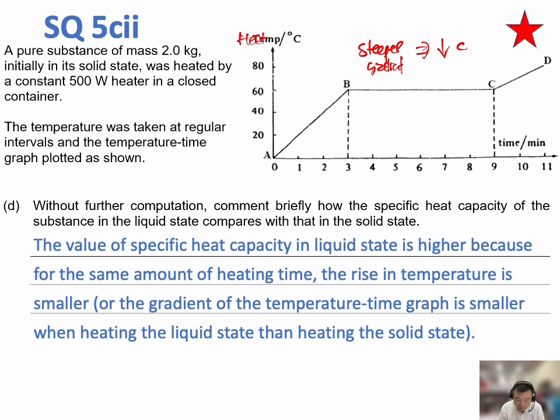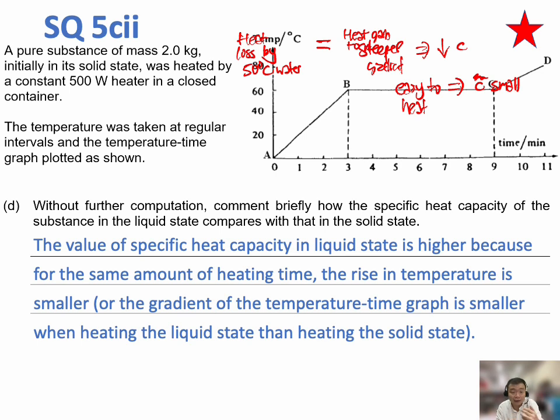If it's easy to heat up the object, it means that the specific heat capacity value is very small. When the specific heat capacity value is very small, it means that you only need a very little amount of energy to heat it up. So it's very easy to heat up and raise its temperature.